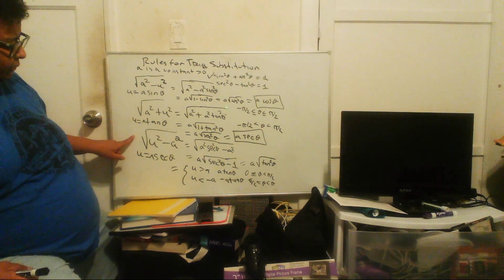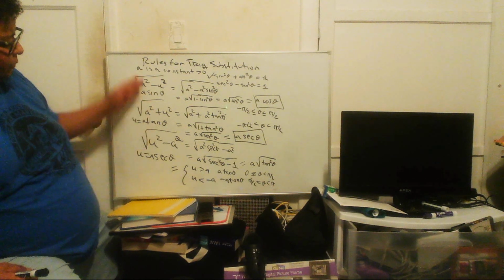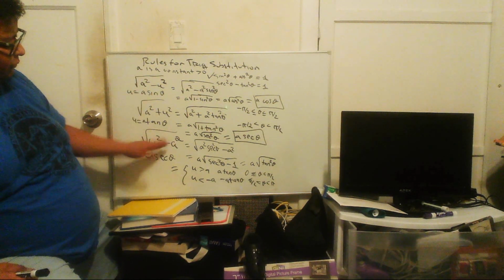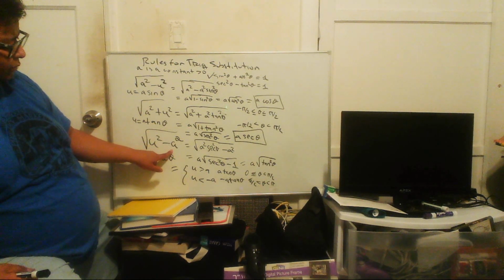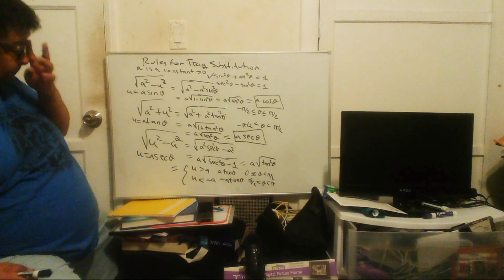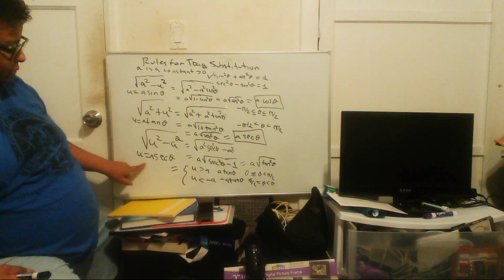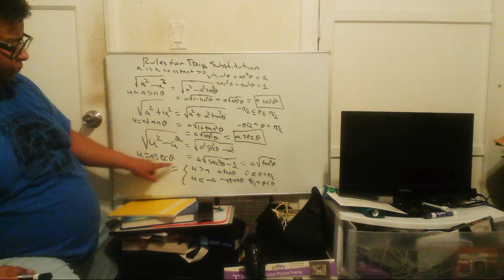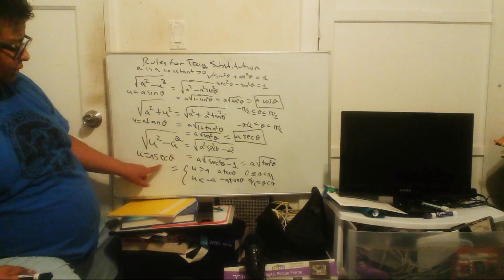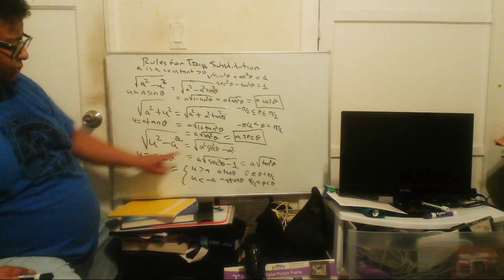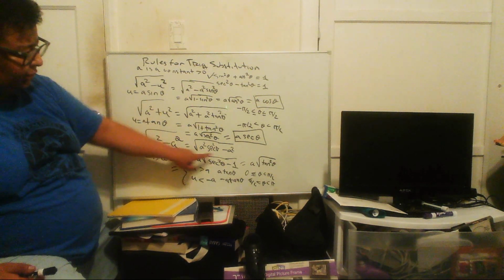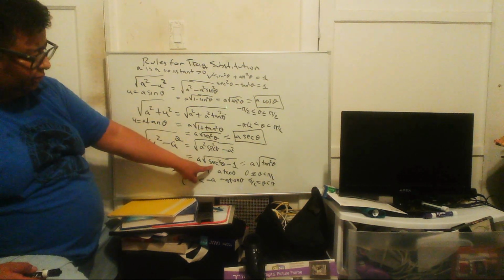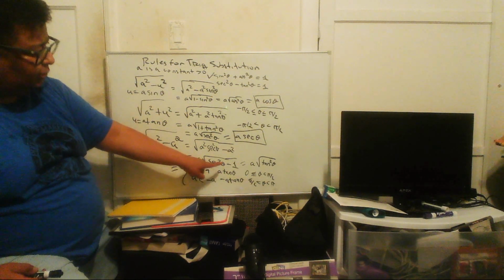For the third pattern, the difference between this and this is that you flip the function, and now the constant is at the right side. So for this case you let u equal a secant theta, you plug in a secant theta for u, you get this, then you factor out the a, and inside you get secant squared minus 1.